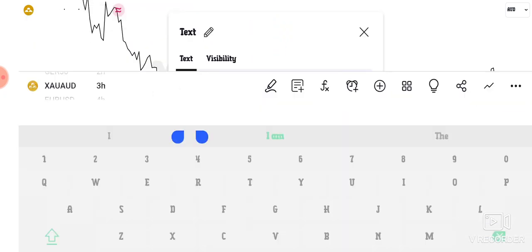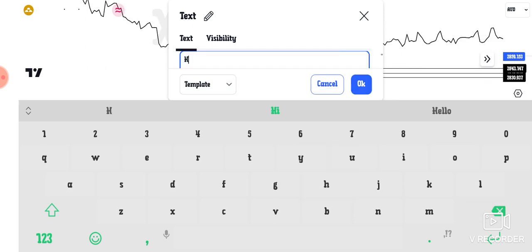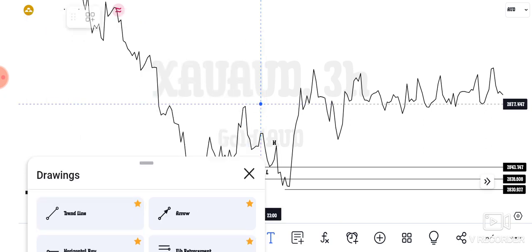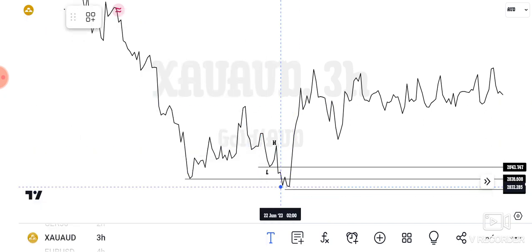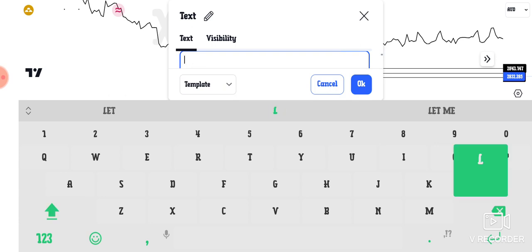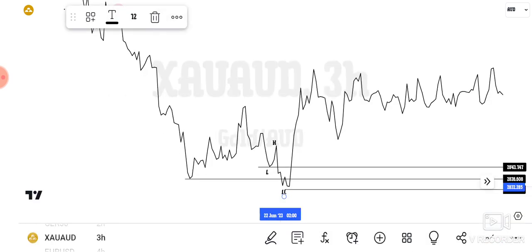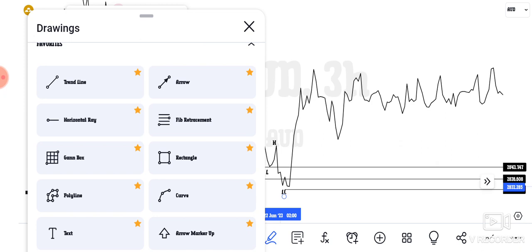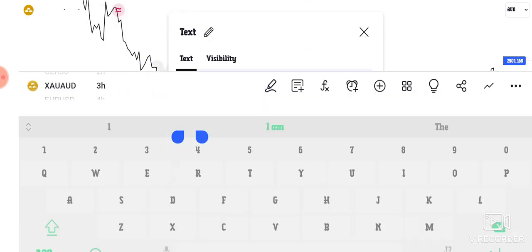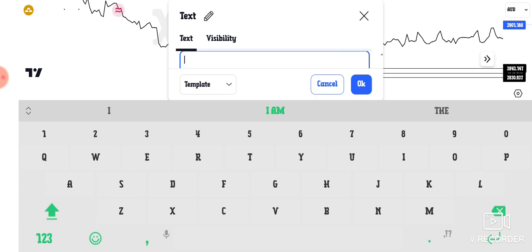So we have highs. Then we also have a lower low. So this is a lower low. Then now we had a higher high, from maybe this one. So that was a higher high.